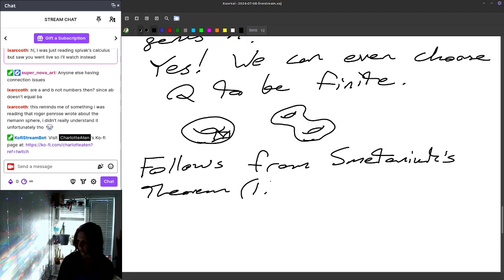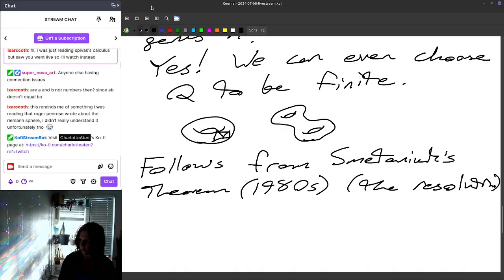This is from the 1980s, and this was the resolution of the Evans conjecture.